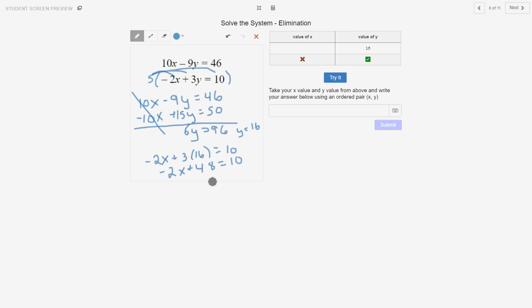You're going to have to subtract 48 from both sides. And I'm running out of room. That's an equal sign right there. Divide by negative 2, and you get 19. So your ordered pair is 19, comma 16.